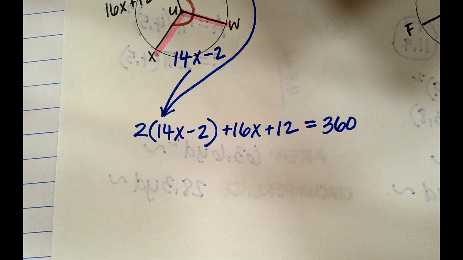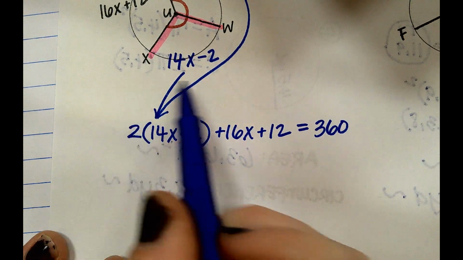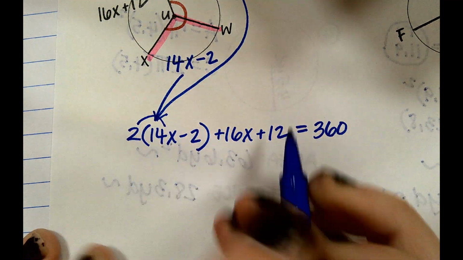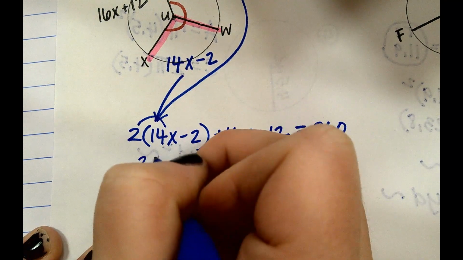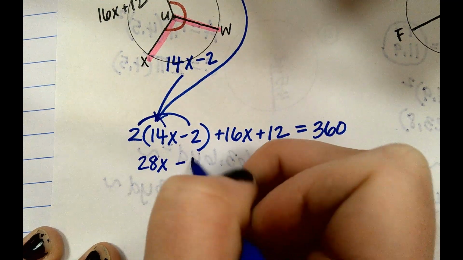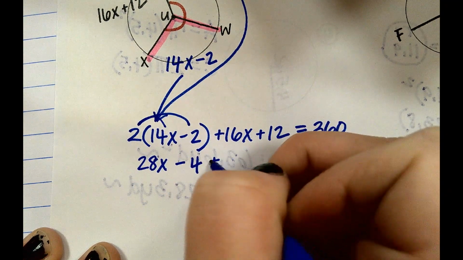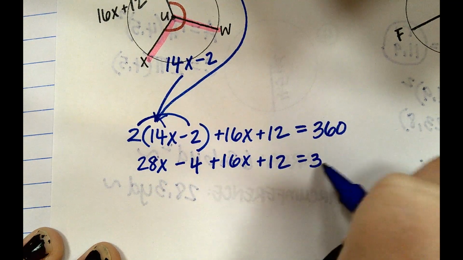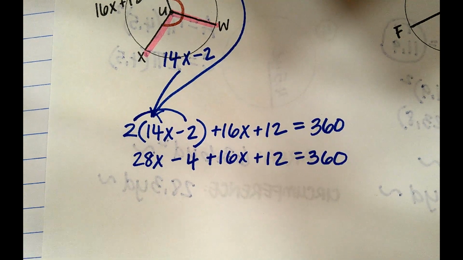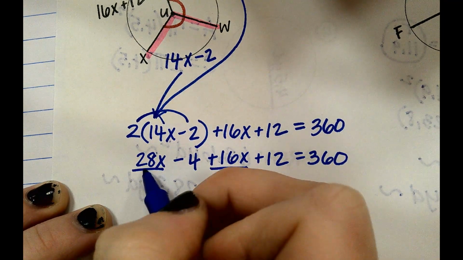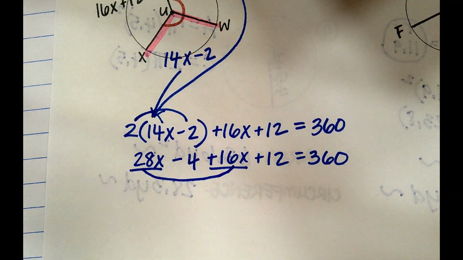And we'll begin by distributing 2 times 14x. 28x. 2 times that minus 2, minus 4. I'll bring everything else down. Plus 16x plus 12 equals 360. 28x plus 16x, you said that's 44?